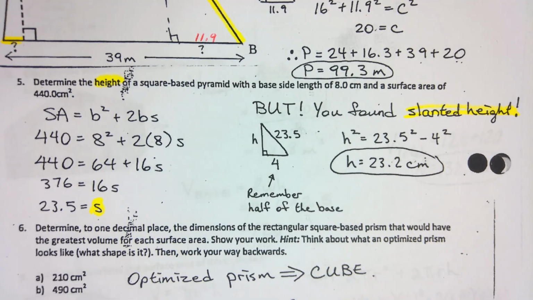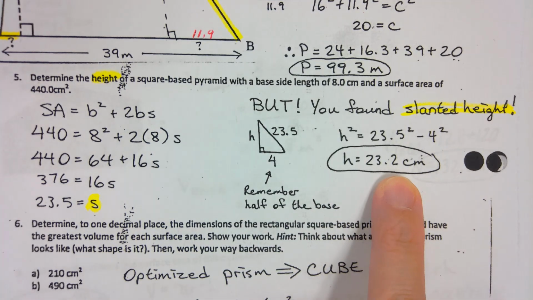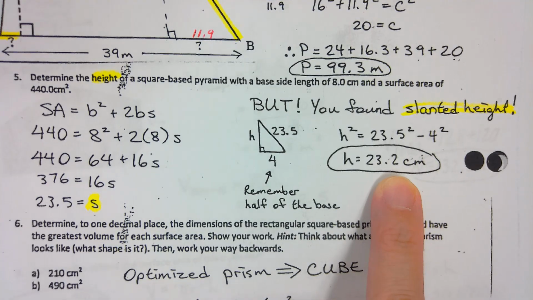And then I do the subtraction one for the Pythagorean theorem. I get my height to be 23.2 centimeter. How many of you got this answer, 23.2, after I showed you guys the hint?